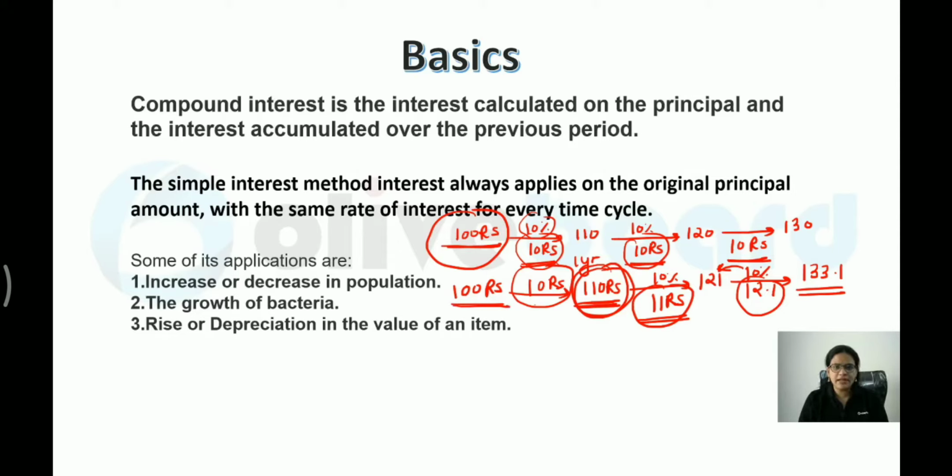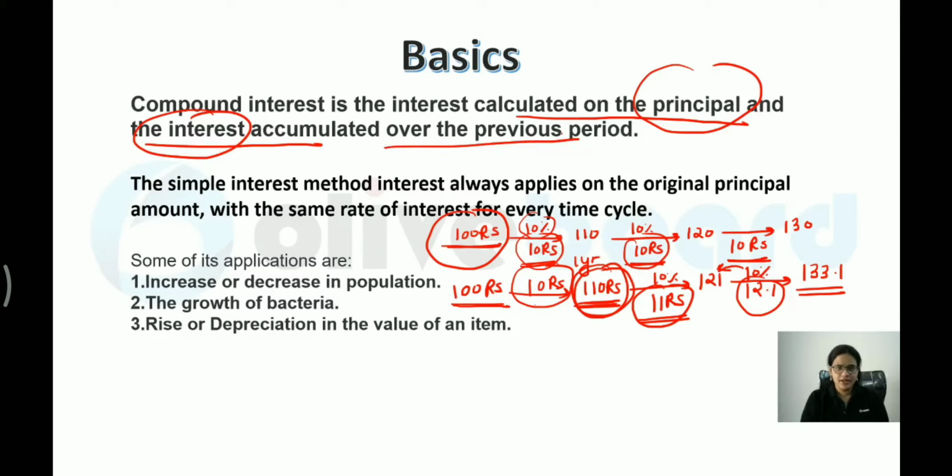Now let me read the definition. Compound interest is the interest calculated on the principal as well as the interest accumulated. So here the principal is there plus the interest accumulated; both should be considered while calculating compound interest. Are you getting my point?